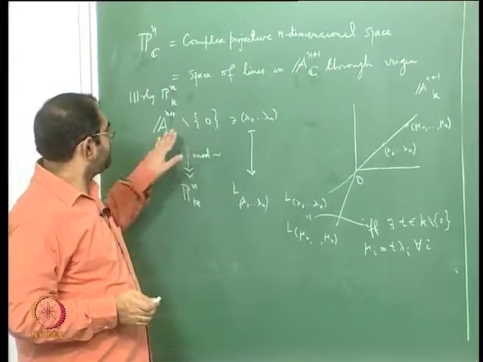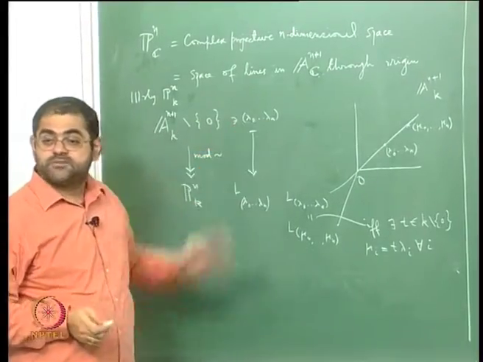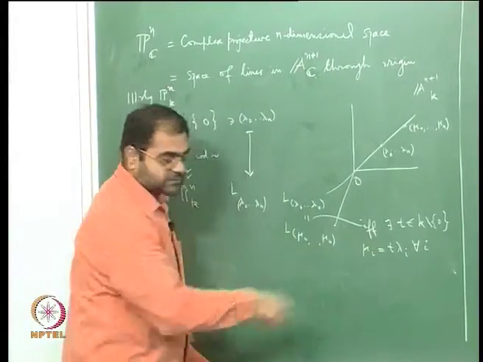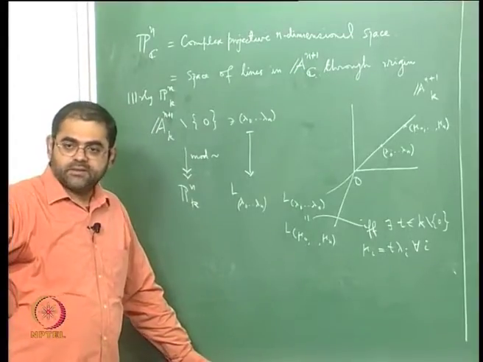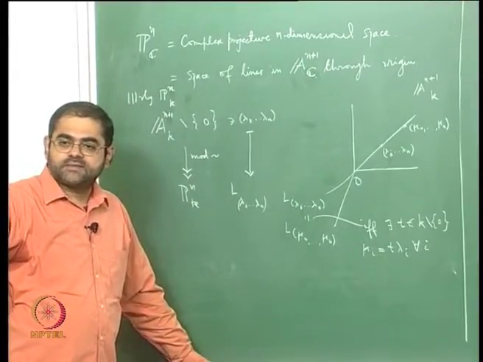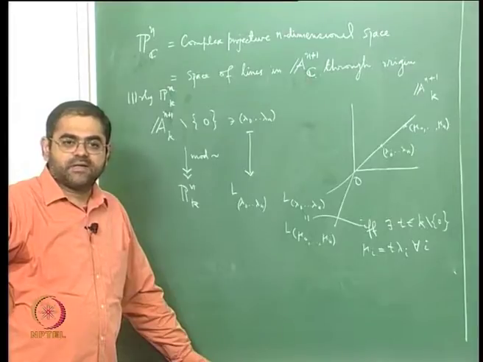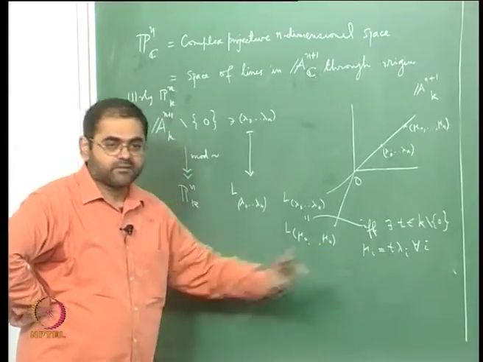So between n+1 tuples of points you put this equivalence relation: one point is a multiple of the other point by a non-zero element of the field.